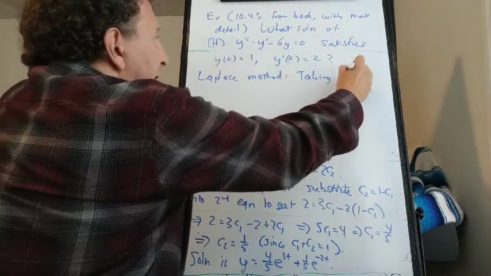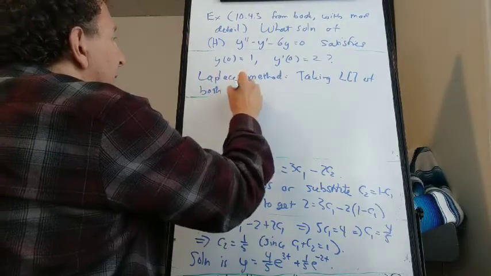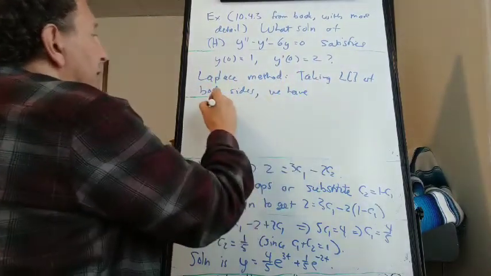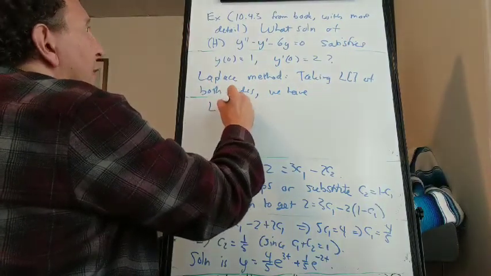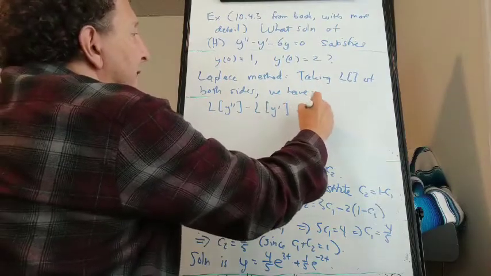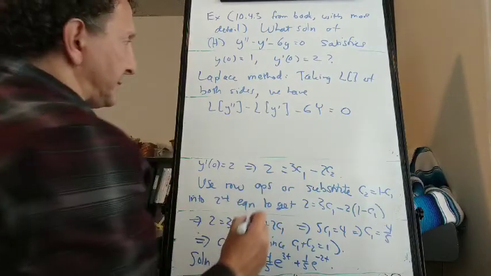So taking the Laplace transform of both sides, we have the Laplace transform of y double prime minus the Laplace transform of y prime minus 6y equals 0.